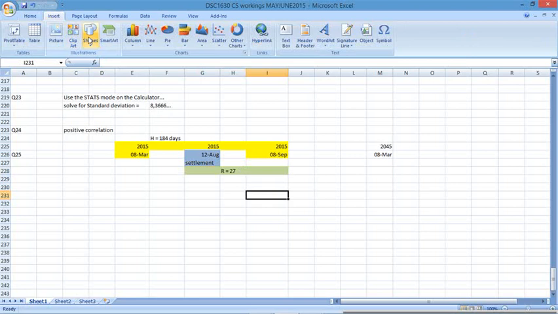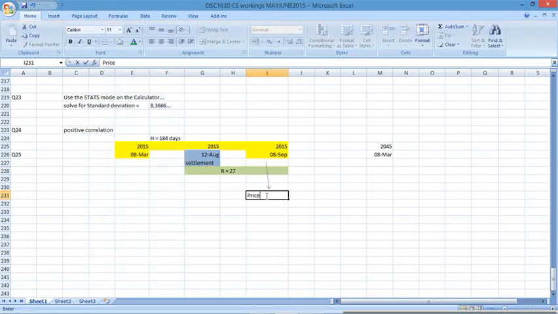Right, so step number one is always to calculate the price at the next coupon. So I need the variables. Future value is 100.